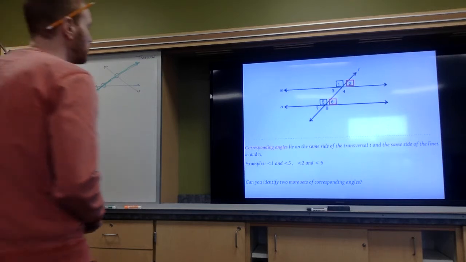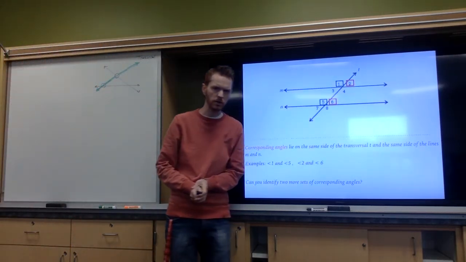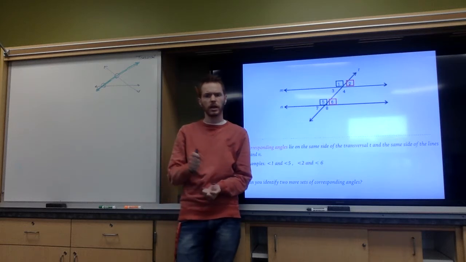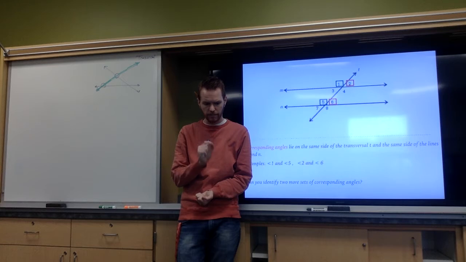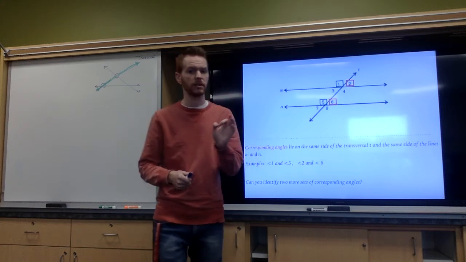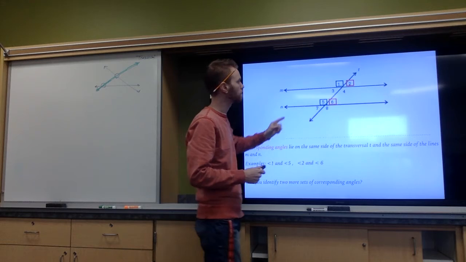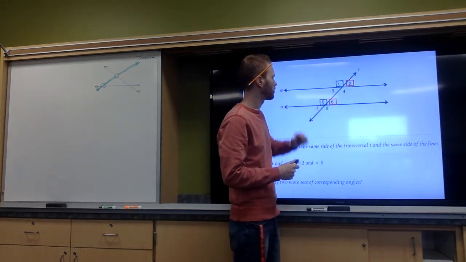Next, corresponding. Okay, corresponding at first is sometimes difficult for people to locate, but here's the important detail when it comes to corresponding, okay? They are in the same position on both lines. What do I mean by that? Look at 1 and 5.